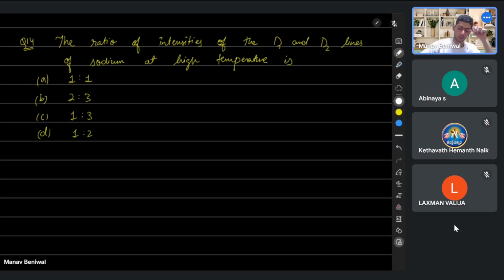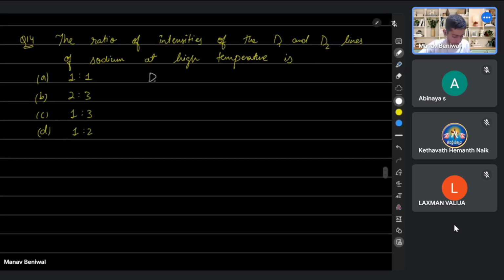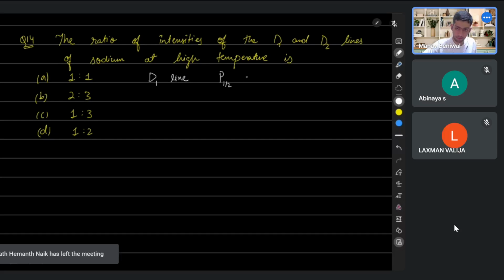Now, how do you get the sodium D lines? So what is the transition? So for the D1 line, if you remember from class, the transition happens from 2P1/2 to 2S1/2.